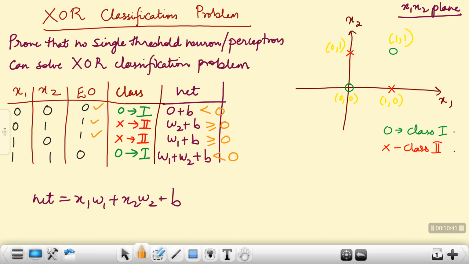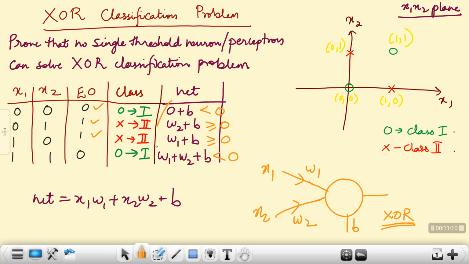This is if you are using a single threshold neuron. First we assume we are using a single threshold neuron with inputs x1, x2, weights w1, w2, and a bias. In order that this neuron acts as an XOR gate, these conditions should be satisfied.